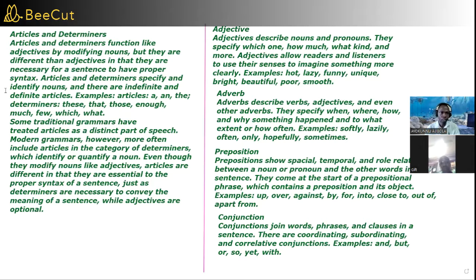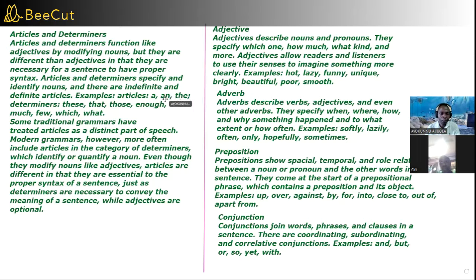Now, what I am trying to explain here under articles and determiners is this. We have the definite and the indefinite articles. The article THE is definite. If I say, give me the money, that means you know the money I'm talking about, because maybe we have spoken about it before. Is that taken? Yes, sir. But if I just say, give me some money, you don't know which one I'm referring to. Or if I say, give me the pen, you know the pen.